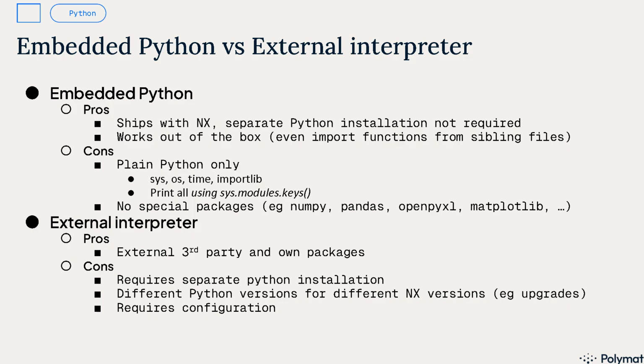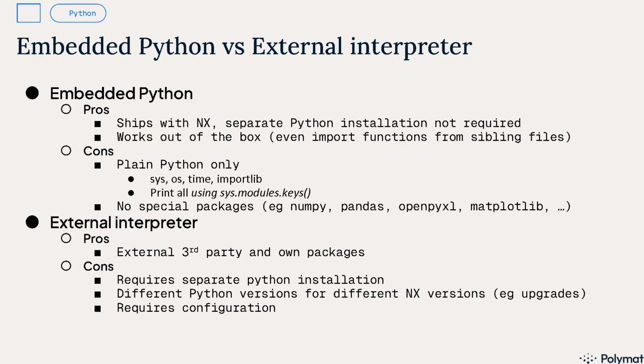Then there's the second option, and that is where you install Python on your machine, and then you point NX to use that Python version instead of its embedded Python interpreter. From that moment on, you can actually use NumPy, pandas, whichever package your IT department allows you to download. It does require you to install Python separately on the machine.